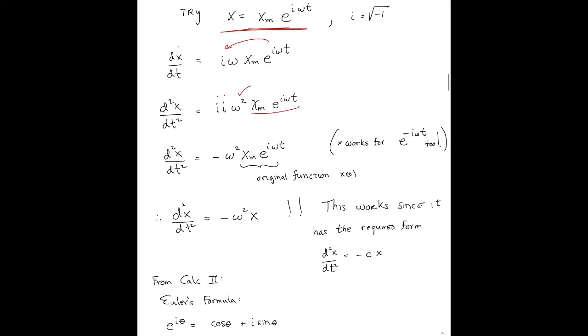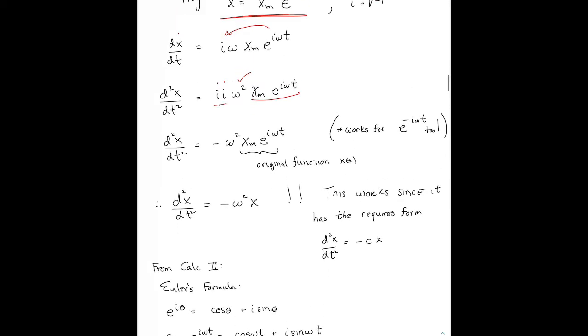I still have this. i squared is minus 1. That's my original function, x of t. And then I'm left with minus a constant times the exact same function back. And that would also work if we used e to the minus i omega t. That would work too. So this has the form: I take that function, take two derivatives, get minus a constant times the same function back.